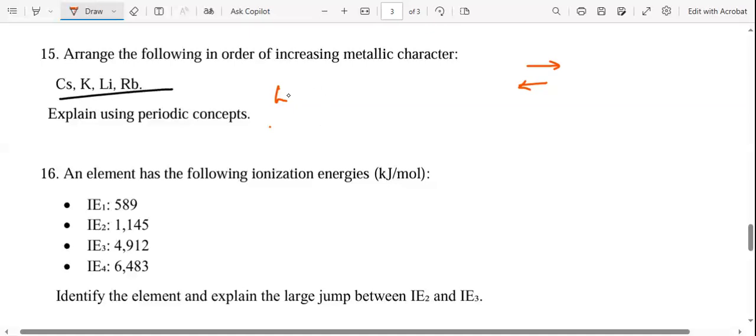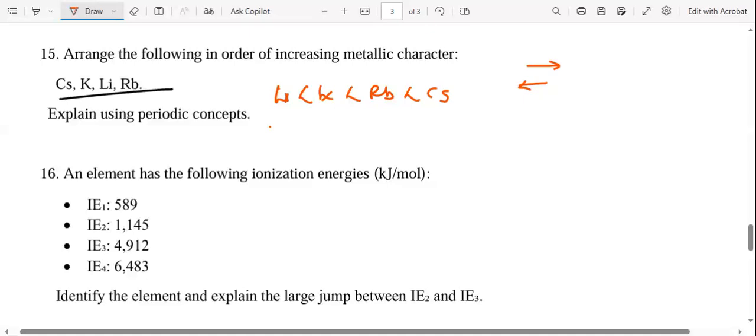Lithium is not that metallic, because it can easily be cut with a knife. We learned the properties in grade 8. It will be followed by potassium, then rubidium, then calcium.